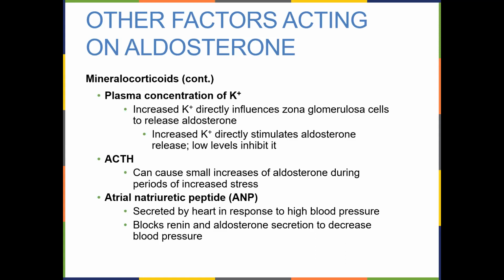The two receiving chambers are being stretched. They release ANP. And they will block the release of renin from the kidneys and aldosterone from the adrenal cortex so that our blood pressure goes down. So short-term fix, not a long-term fix.